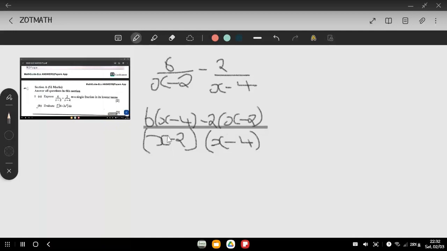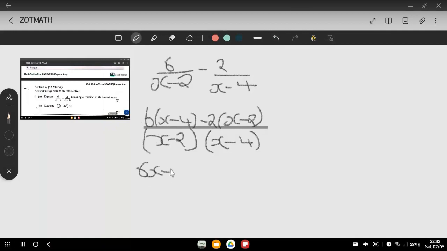Next, we need to multiply throughout, okay? 6 multiplied by x, we are getting 6x. Then 6 multiplied by negative 4 here. We always get the sign from the left side of a certain number. 6 multiplied by negative 4 is going to be negative what? You guys, what is 6 multiplied by 4?